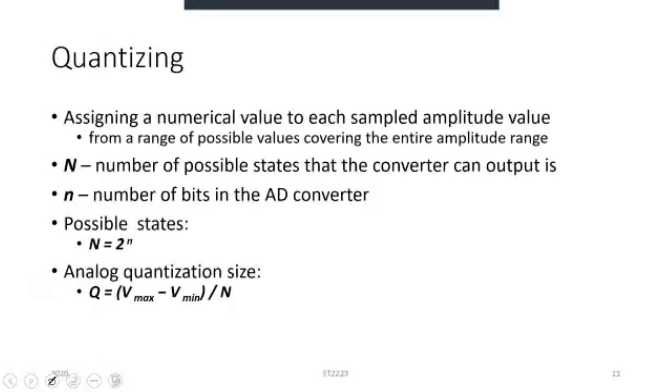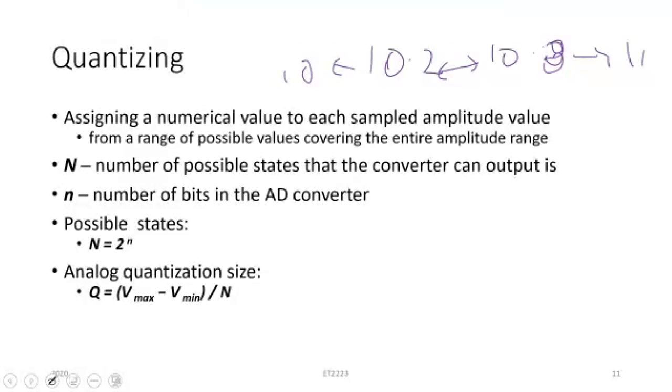Any fractional values will have to be rounded to the closest suitable digit. So that is quantization. Either this will be 10 or 11. That is basically what we do with quantization. We convert the sampled value into one of the possible values within the range.